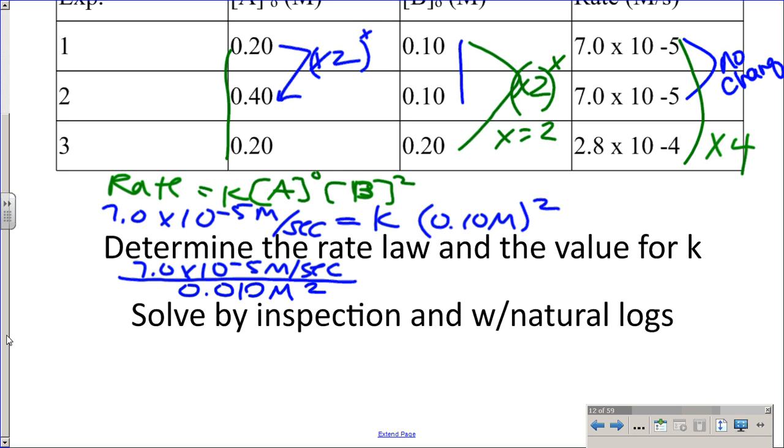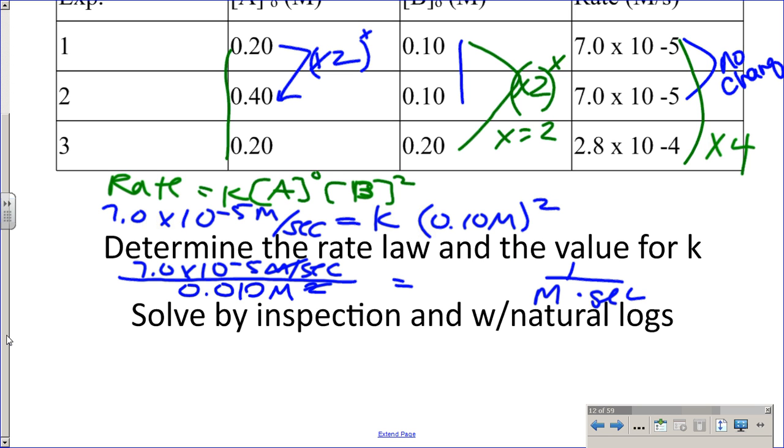What are the units of K? One of these M's cancels, right? Is seconds actually in the numerator, though? No, it's in the denominator because it's per second. So that's still going to be 1 over M on the bottom, and seconds on the bottom.